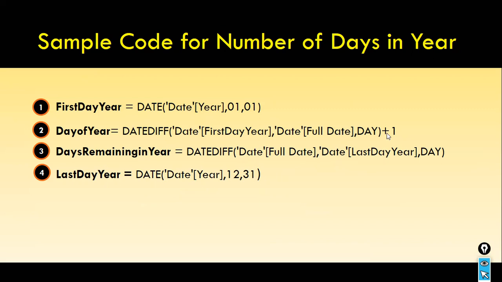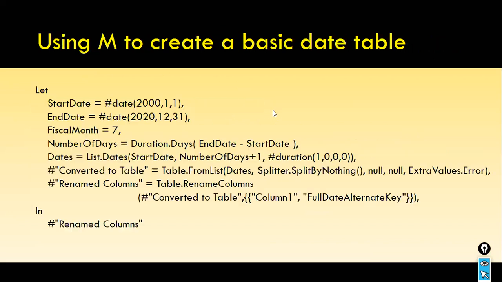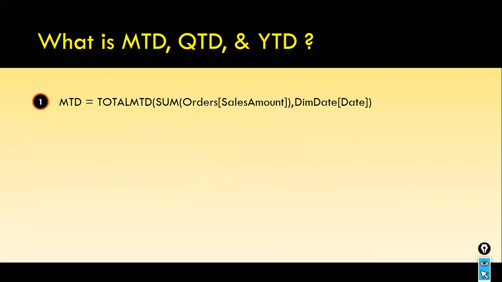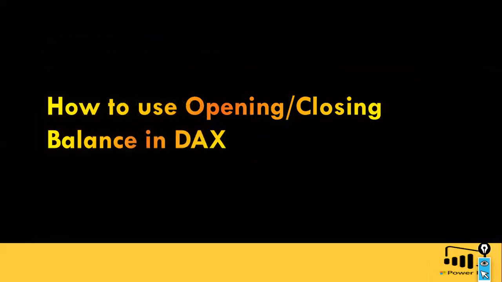What is the day of the year? You need to do plus one. So this is the full date and first day of the year, comma, day plus one, day of the year. First you need to specify 2021, 01, 01, and it will give the first day of the year. Likewise, different functions are there. You can start practicing those kinds of functions.